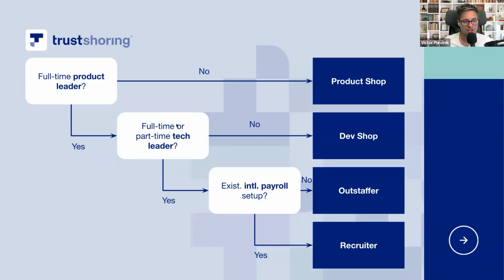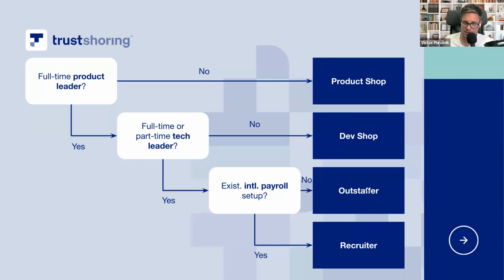So now what if you actually have both a product and tech leadership, right? Then you could just work with people directly, manage people directly. And so you could either work with a recruiter, so just find you the right talent and employ that talent directly, or if you'd rather not hire people in various countries directly, money transfers, international labor laws, and things like that, you can just use what we call an outstaffer.